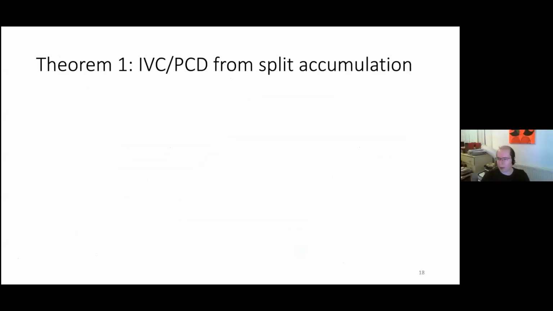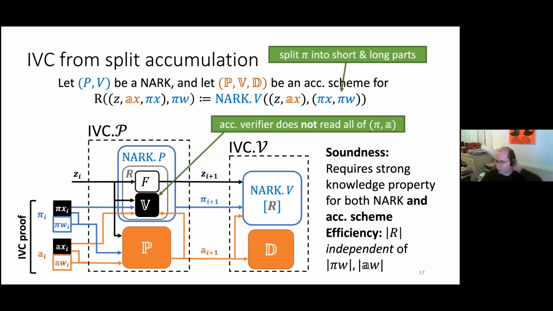And then, how difficult is it to get this extra knowledge property? It really depends on the construction. I think that any atomic accumulation scheme trivially has this knowledge property, right?